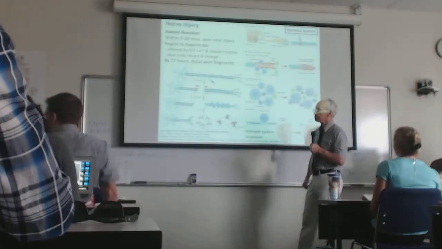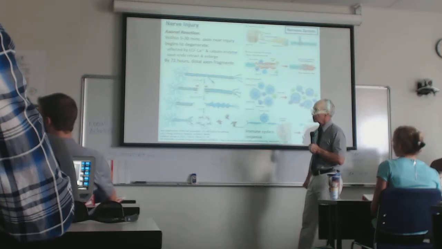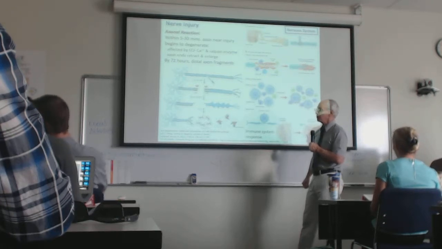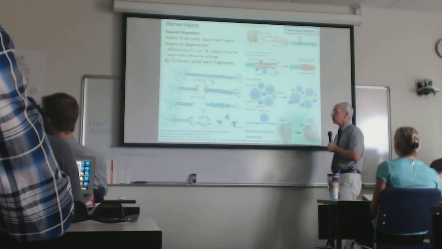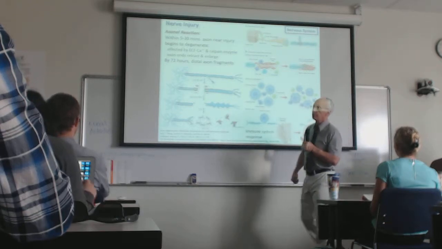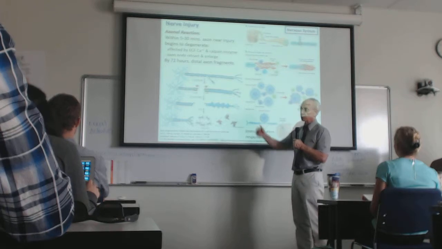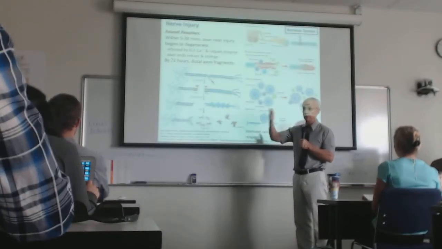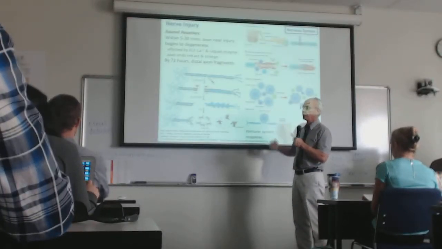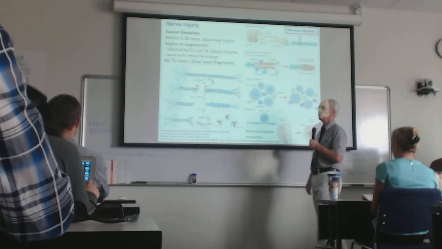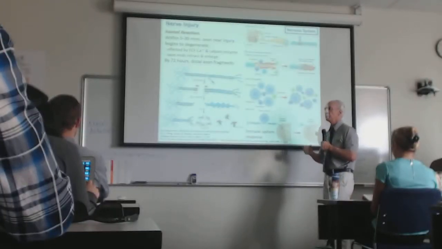How are olfactory nerve cells affected? Can those regenerate? Yeah, olfactory nerve cells are remarkable in a variety of ways, and there are several types of olfactory nerve cells. But certainly, what we call the primary neurons, we've already defined what a primary neuron is, those have some limited ability to regenerate.